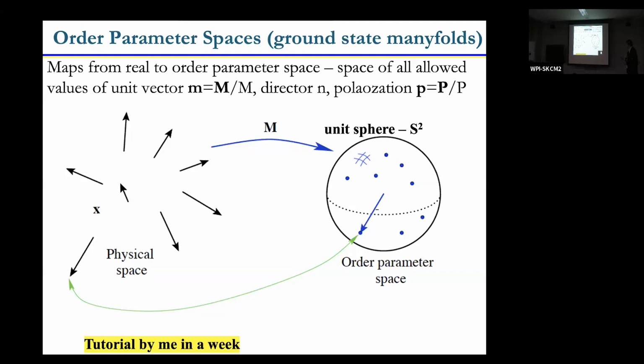And so during the next lecture, we will discuss the concepts of order parameter space and how we can determine it for different types of liquid crystals in particular, but also other condensed matter systems. And then how this determines all kinds of defects that can form in them, including knotted defects as well. Thank you.